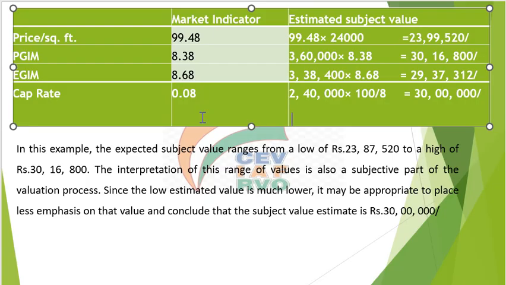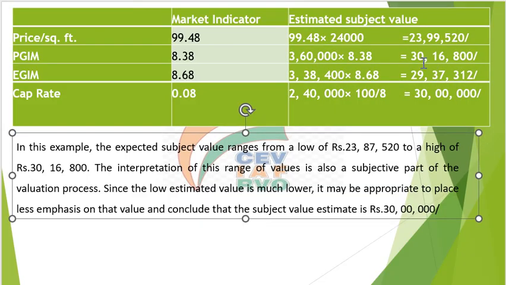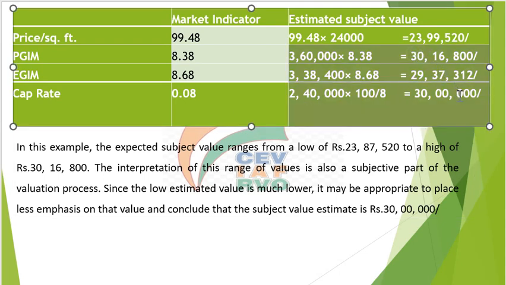So you are not getting a single value, you are getting, see here, a range of values. In case of market approach, most of the time you will be getting a range of values and not a single value. Now see these three values, 30 lakhs, 29 lakhs 37,000, 30 lakhs. These are nearly equal to 30 lakh, bearing this 23,99,520.